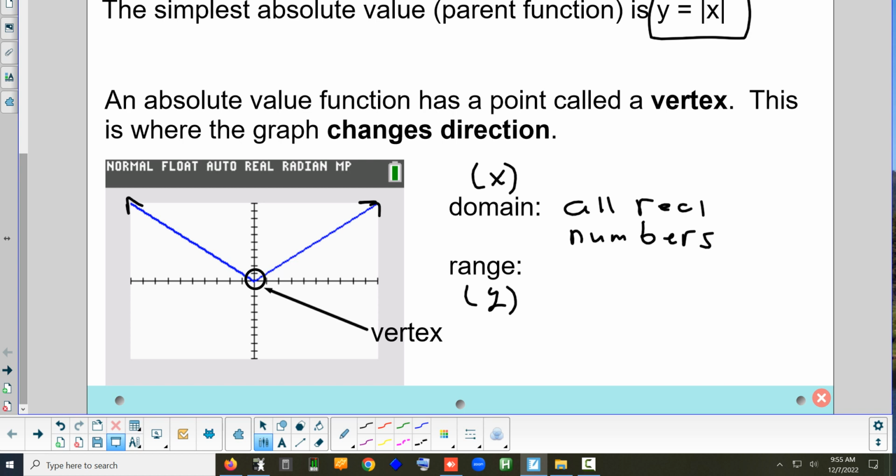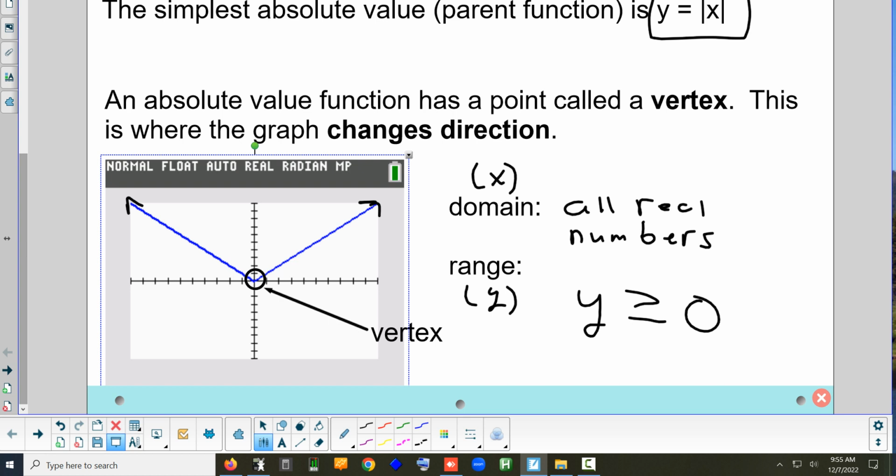The origin, what number is that at? 0. So for this particular graph, the range is every number from 0 and up. It doesn't go below 0. So the range is all numbers from 0 and up.